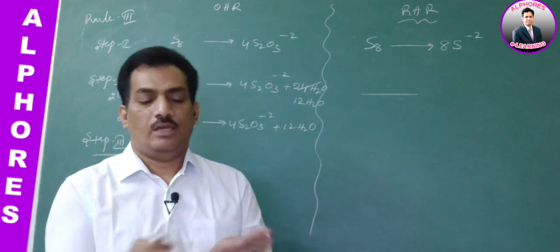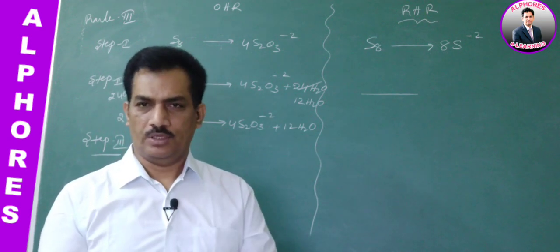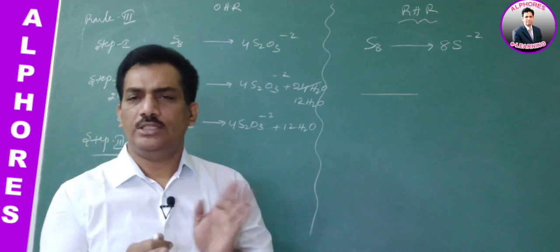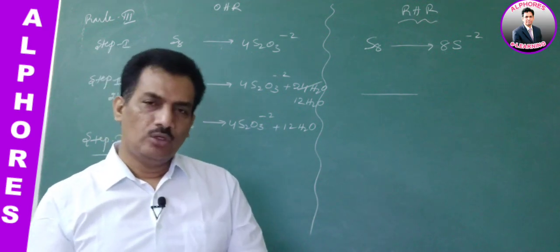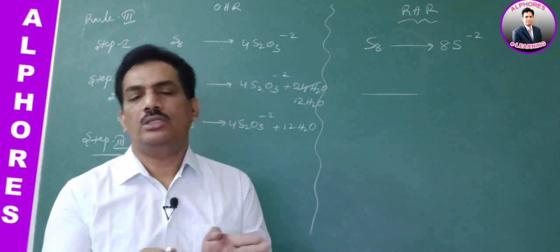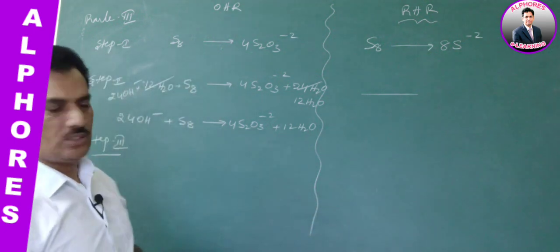In case the net charge, after cancelling after all adjustments, is negative, then to balance that negative charge, we have to add the electrons on the opposite side. Are you clear?